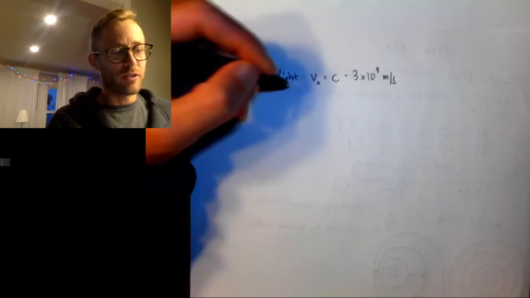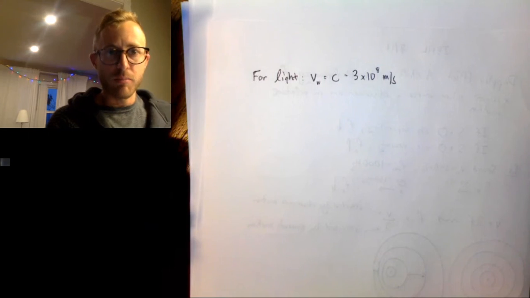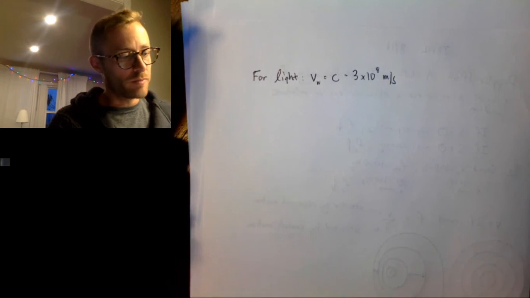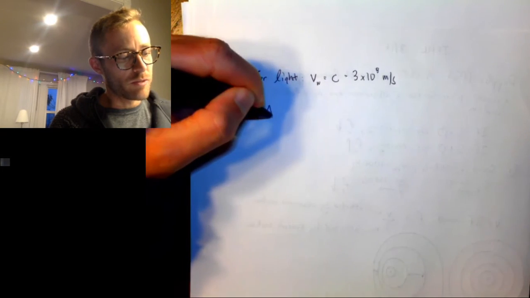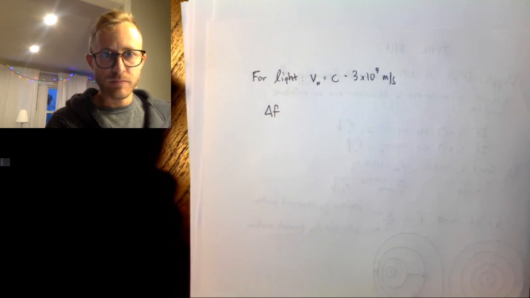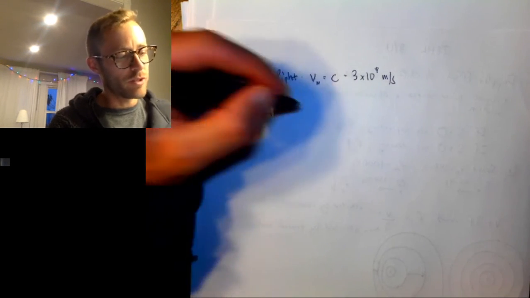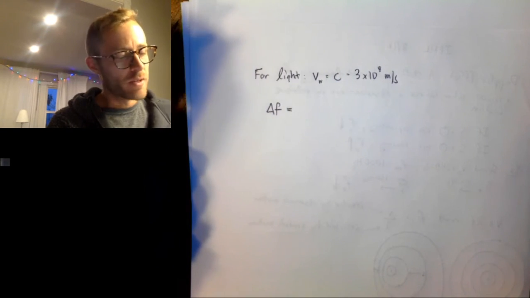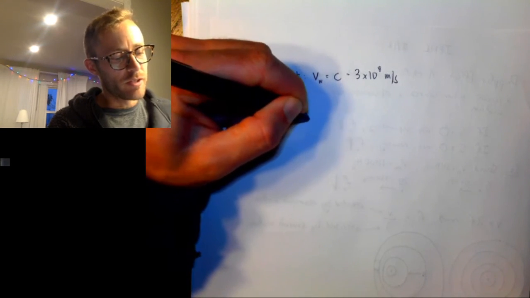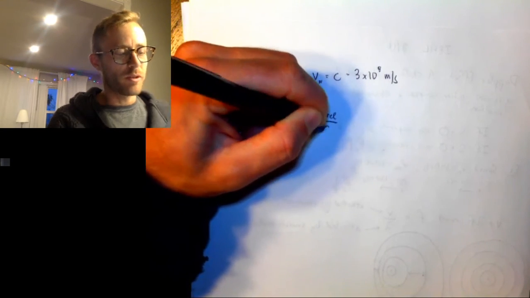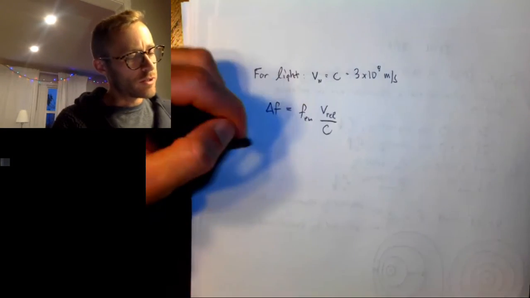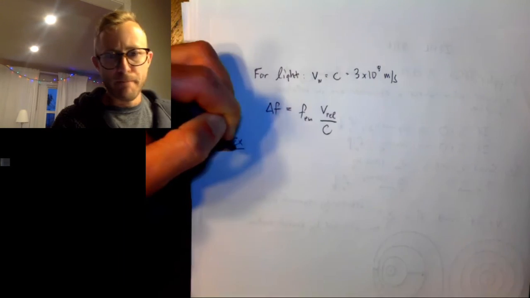And so in this case, you can use an approximate equation which says that the shift in frequency is equal to the emitted frequency times the relative velocity over the speed of light. So let's do an example with that.